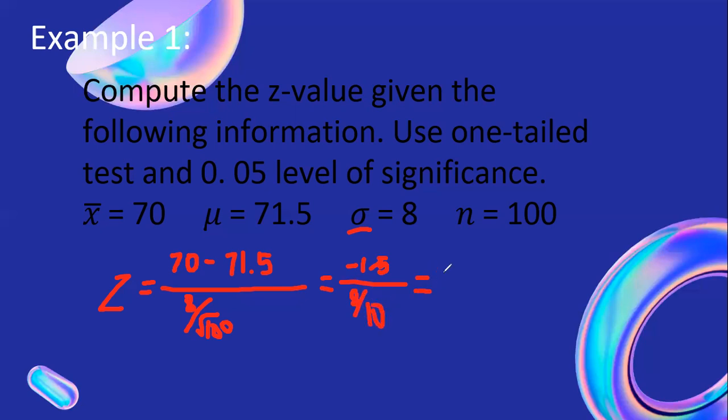So that will be equal to negative 1.5 divided by 0.8, right? So by using your calculator, negative 1.5 divided by 0.8 is equal to negative 1.875.